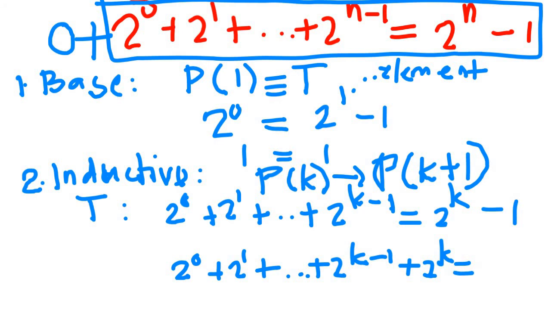Then this should be equal to 2 to the k plus 1, the next element, then quantity minus 1.